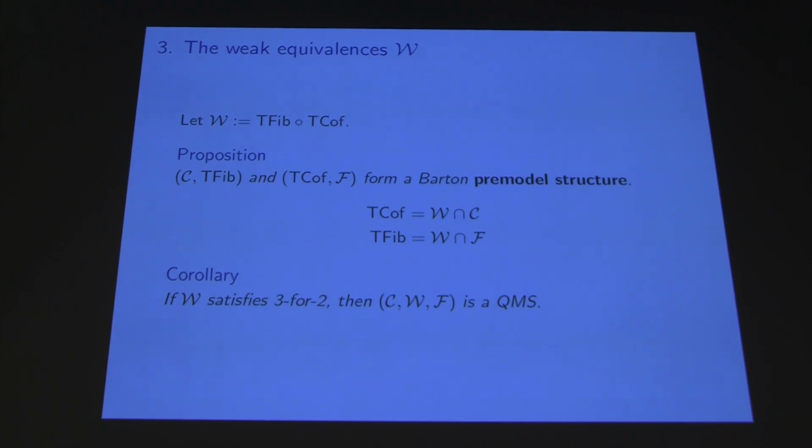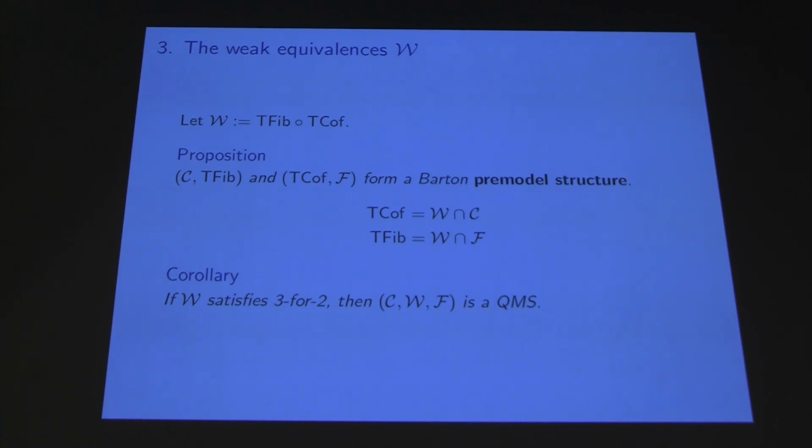Okay, so now the weak equivalences. We know what the weak equivalences have to be. We have these 2 weak factorization systems, and so we can say, take those maps which factor as a trivial cofibration after a trivial fibration after a trivial cofibration. Call those the weak equivalences. We have the 2 weak factorization systems. Just formally, we assemble that into what Reed Barton has called a pre-model structure.